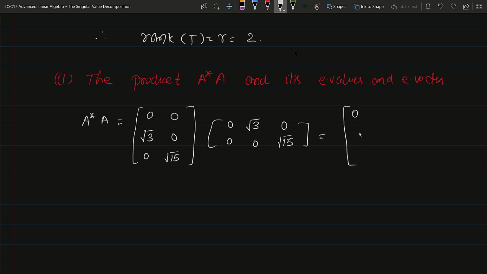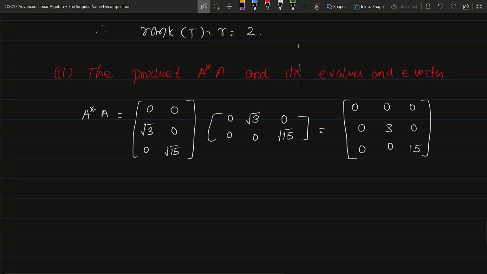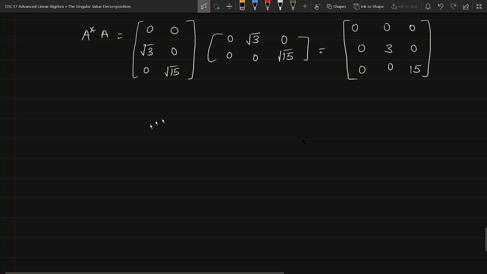You can see 0 0 0, then we have 0 3 0, 0 0 and 15. Okay, so this is our A star A. Now we need to calculate the eigenvalues. So this is our A star A. Now we are identifying the eigenvalues of A star A so that we can identify the eigenvectors.